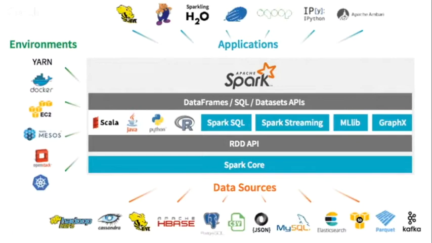I don't know if it changed, but last time I checked, Scala, Java, Python, and R were supported. There are also some parts that enable you to write SQL queries on your data, to process data as streams, but we won't speak about that.